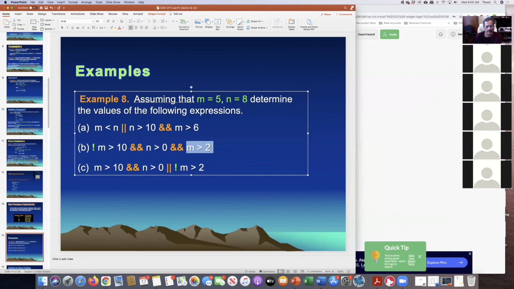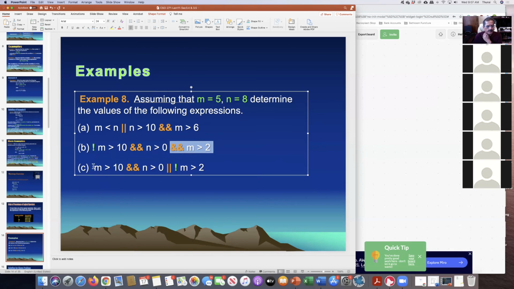The right side of that is true, m greater than 2. So therefore, that will produce true. The NOT is done before the AND operator. After that, when you combine with this, it's still true.